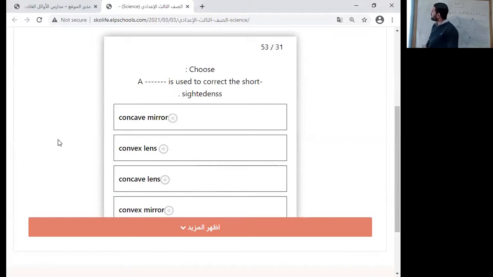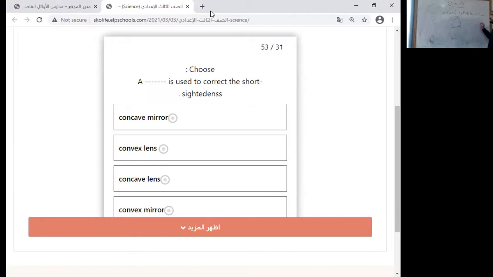Lenses are used to correct short-sightedness. As we know, in case of short-sightedness, the person who suffers from this disease can only see near objects clearly, while far objects cannot be seen in a clear form.